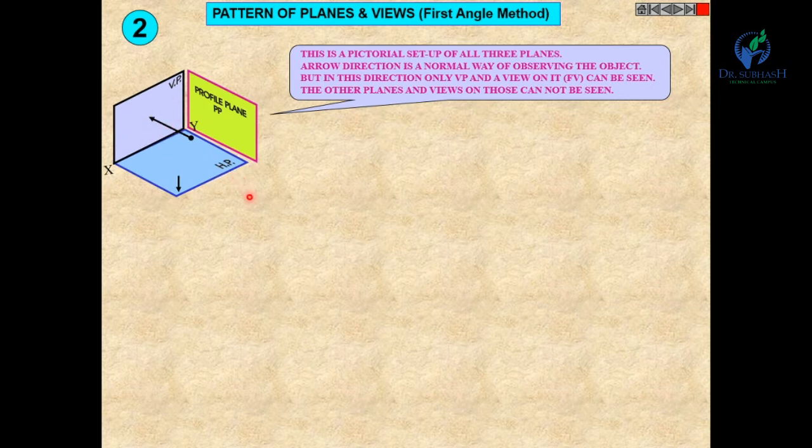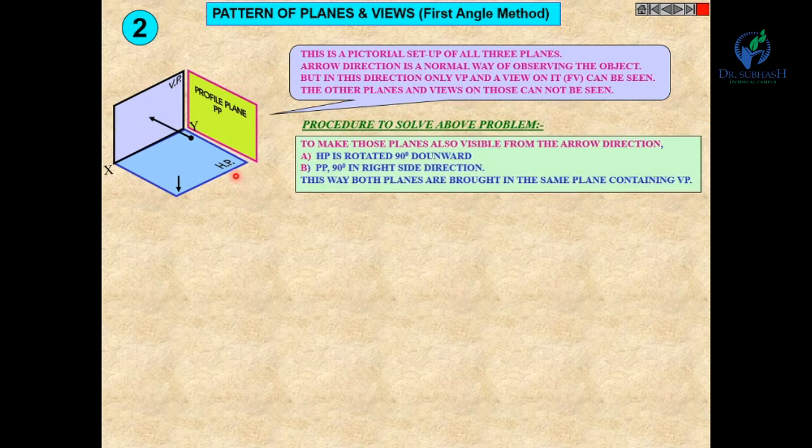So for that, what do we have to do? First of all, we have to rotate the HP 90 degrees downward, and also the profile plane 90 degrees in the right direction.